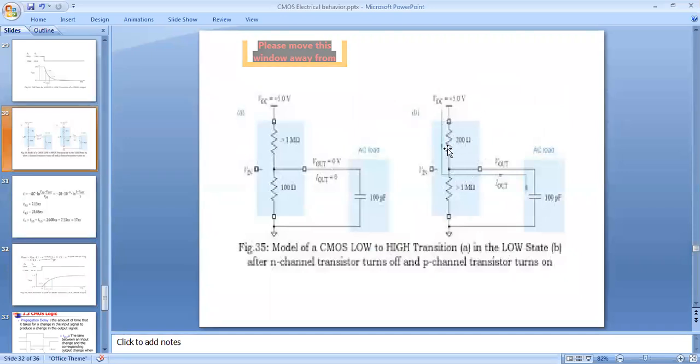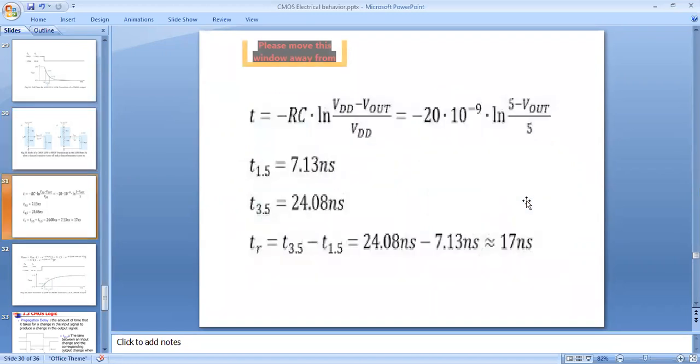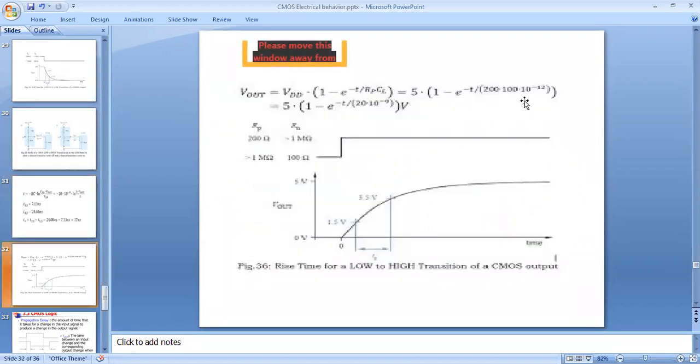What is the R here? RP. What is the value of RP? 200 ohms. And CL is 100 pico, sorry, 100 picofarads. Substitute these two values, and from this expression bring the parameter small t.